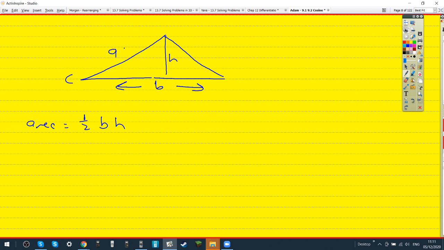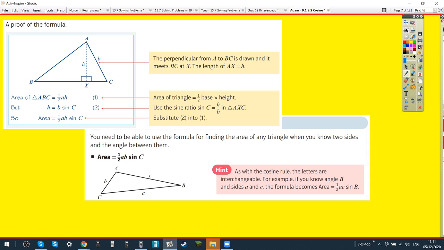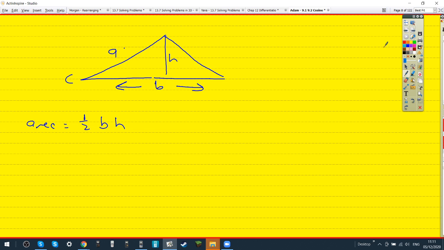I forget how I did this. What is sine C in terms of H and A? What do you mean by sine C, H, and A? Sine C, we don't have any number, so it won't be sine C equals 60 or sine C equals 0.5.